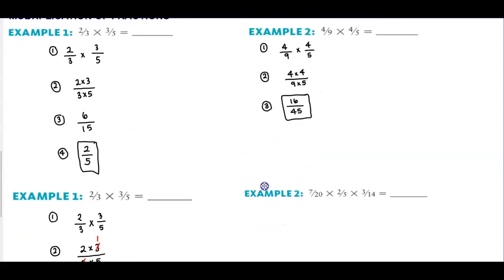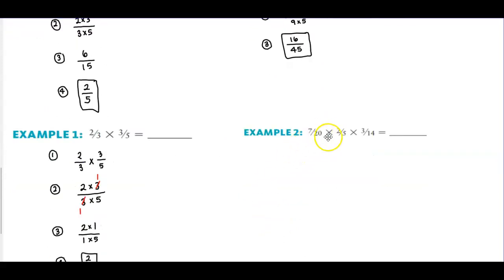Okay, now let's take a look at this example here. We have 7/20 times 2/5 times 3/14. Okay, so I'm going to rewrite these numbers as 7/20 times 2/5 times 3/14.